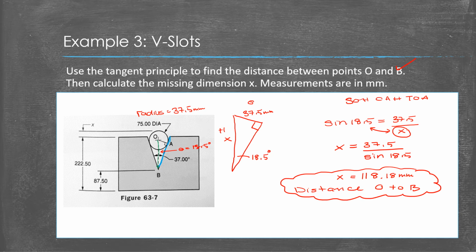So we just did the first part. Now it says calculate the missing dimension x. So we know that from the middle of this circle, this distance here is 118.18. So we know that's true. How in the world are we going to find x?